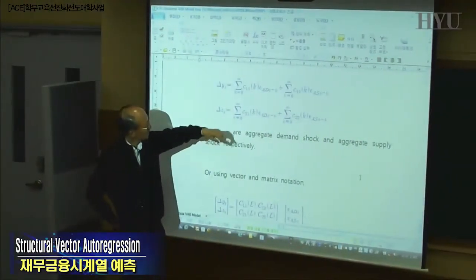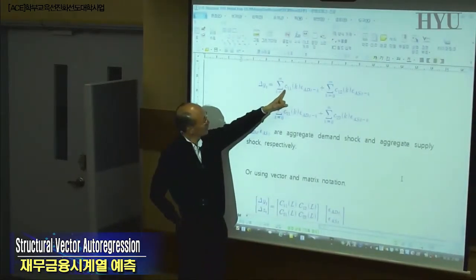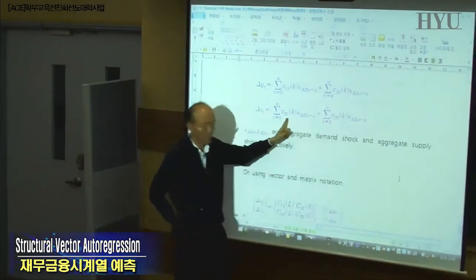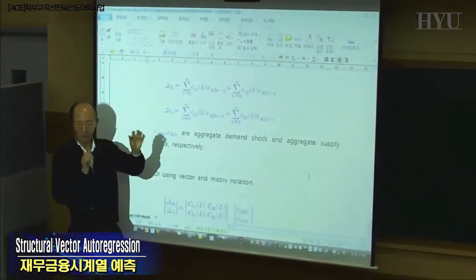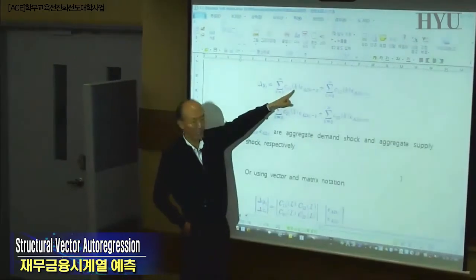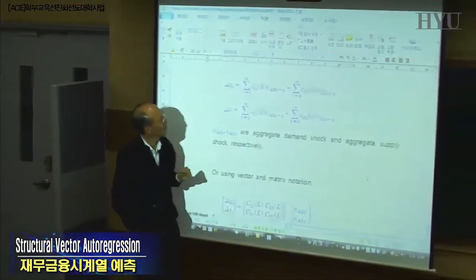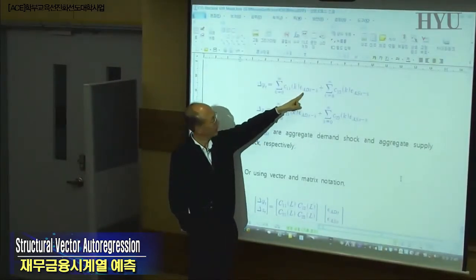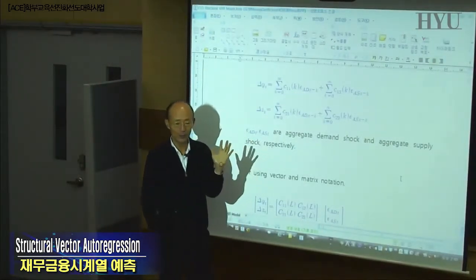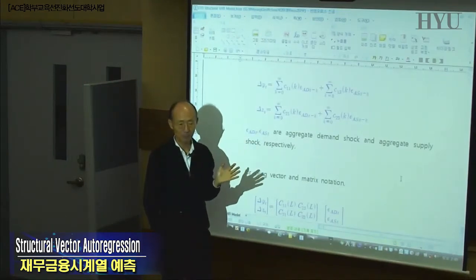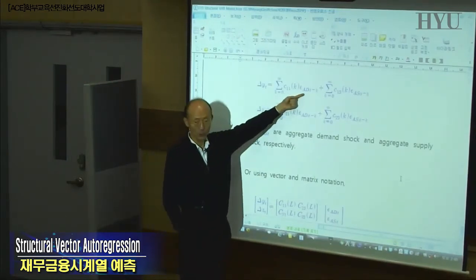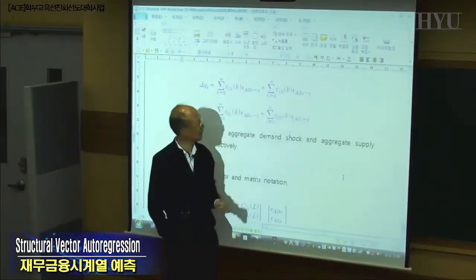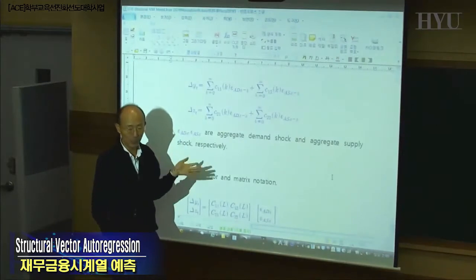But here, this thing, C11K, or C12K, those are numbers, functions of K. Okay. And then this epsilon AD is what we call the aggregate demand shock. And another set of innovations, we call the aggregate supply shock.